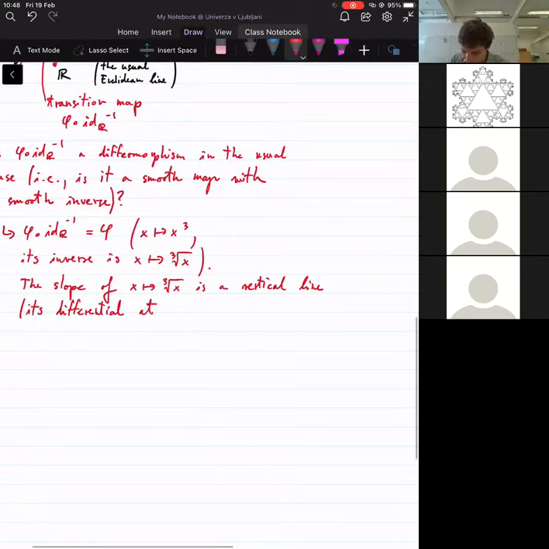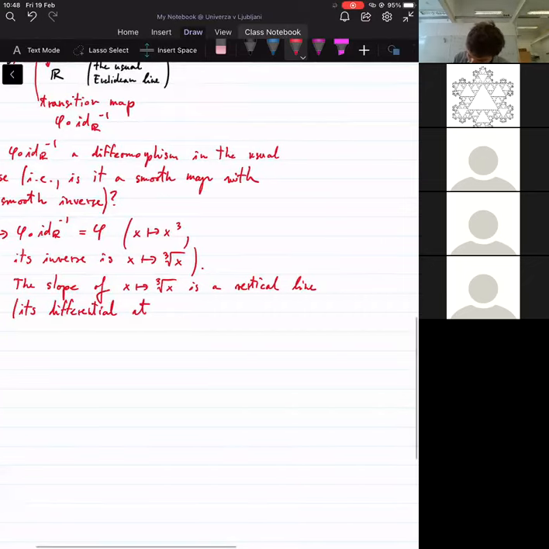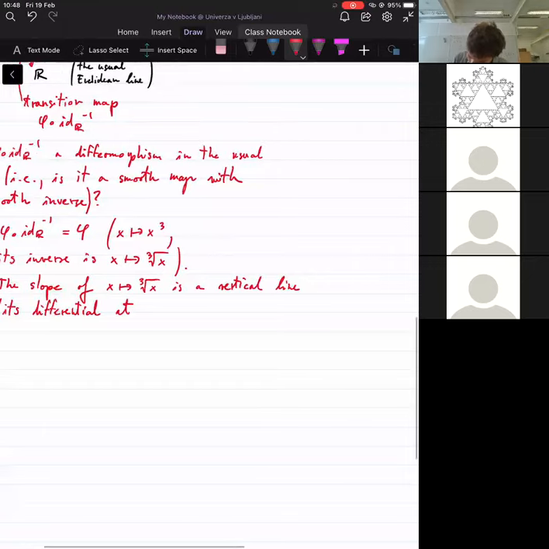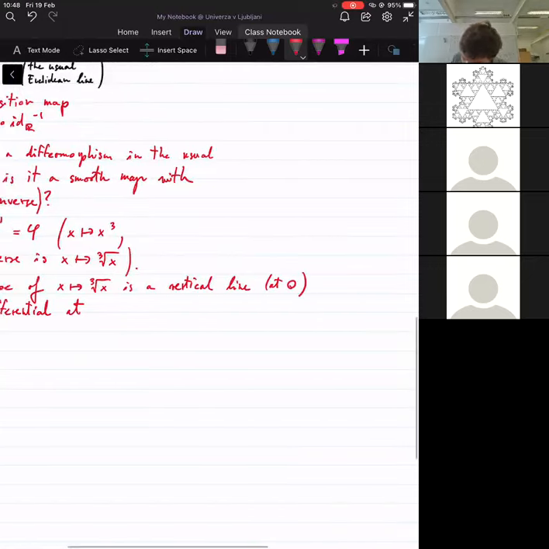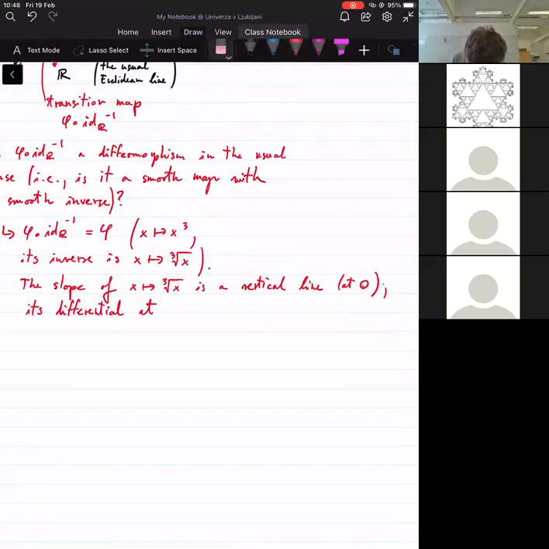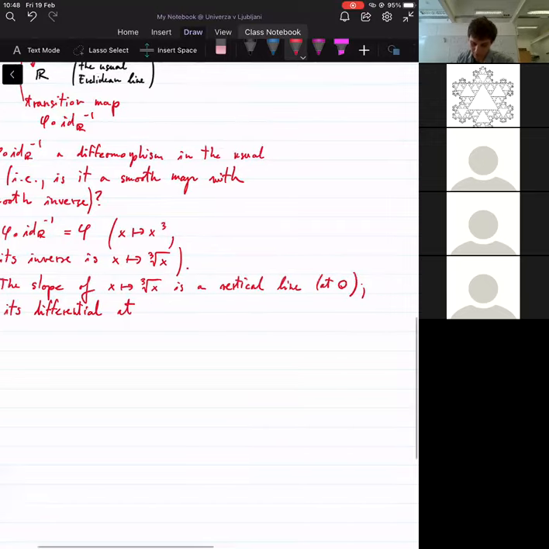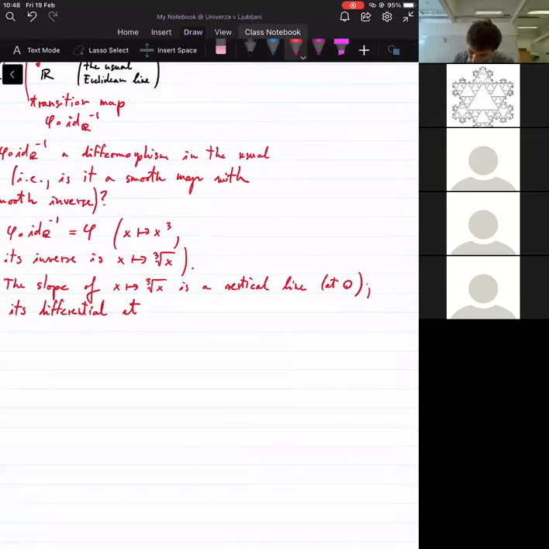So at 0, right? And now I'm building up parentheses here. Okay, so the slope of this map is a vertical line at 0. So this means that its differential at 0 is infinity, right?